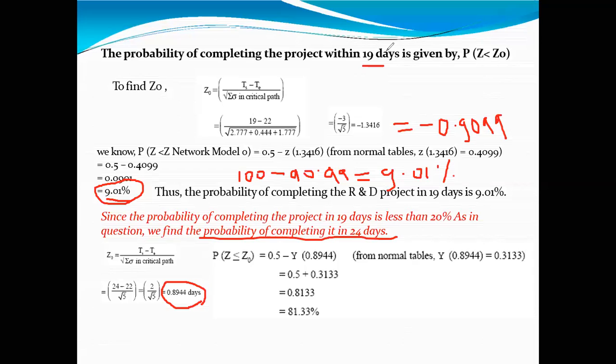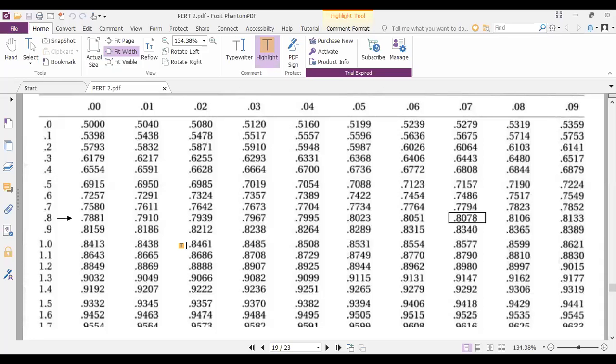Once you got this 0.8944 value, again go to our table. This is the table. Here you have to find the value 0.8944. I will share this once again.